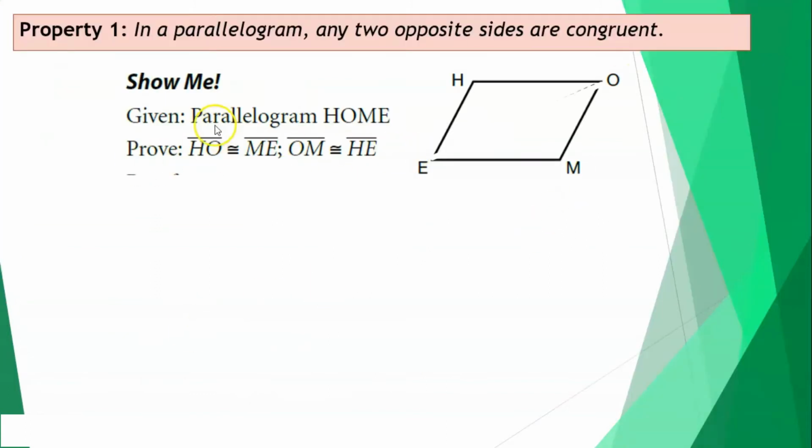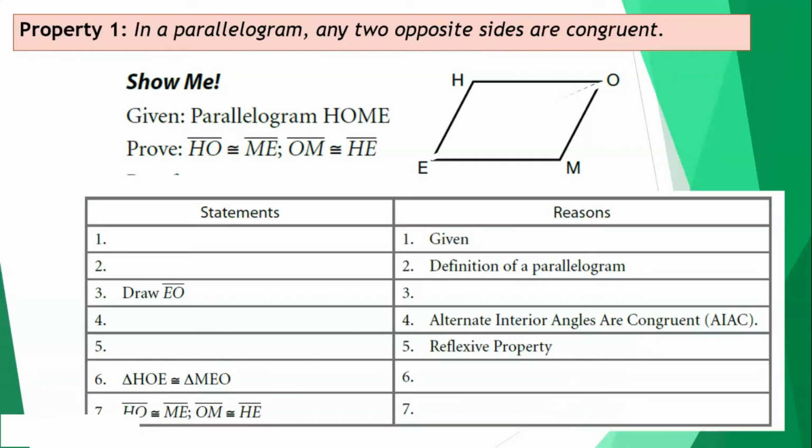So we have here a parallelogram HOME. So prove that segments SO and ME are congruent. Segments OM and HE are also congruent. So one thing that makes proving challenging is that your way of proving might be different from the way your classmate is doing it. So with that, I'm giving here already a table. So all you have to do is fill it up.